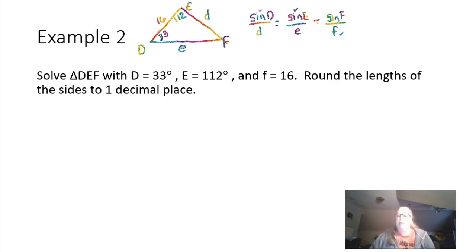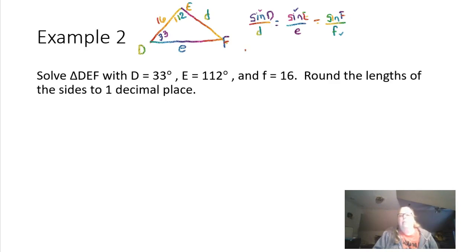So I don't have a complete proportion or a complete ratio here. I'm missing something from each one of these different ratios in here. Here I'm missing the side, here I'm missing the side, here I'm missing the angle. All right, so we can't go ahead and jump into the law of sines. I have to figure out what that third angle is first.